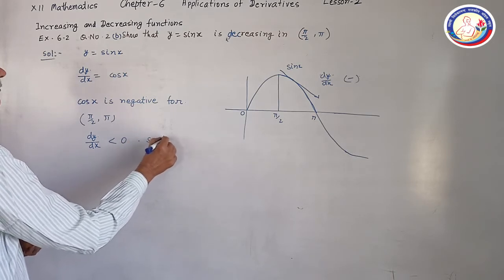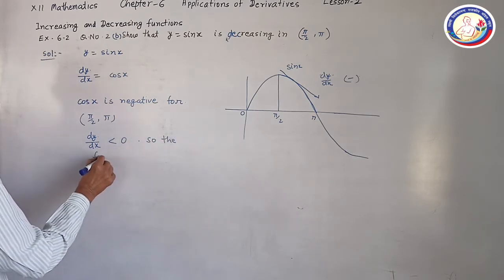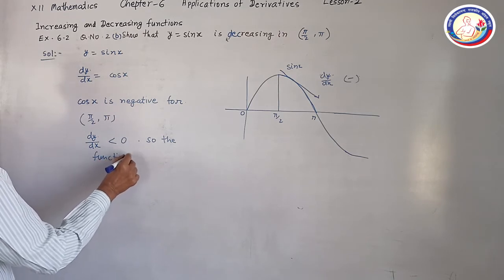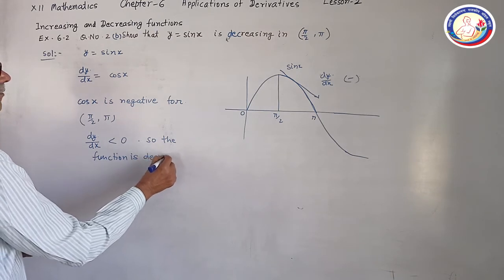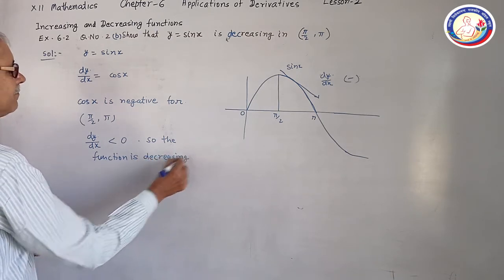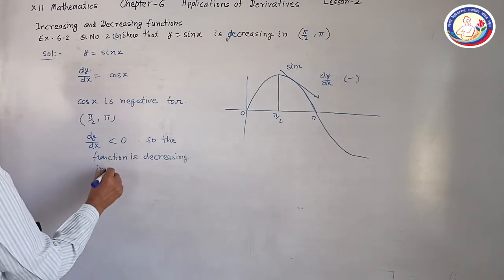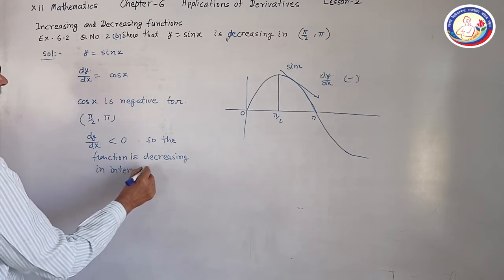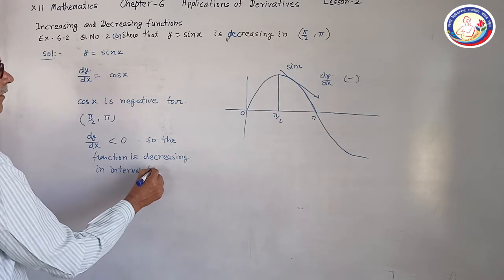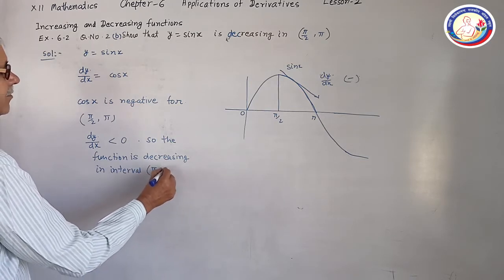So the function is decreasing in the interval pi by 2 to pi.